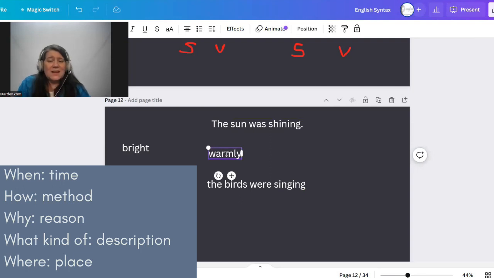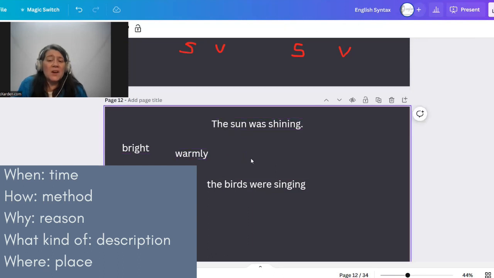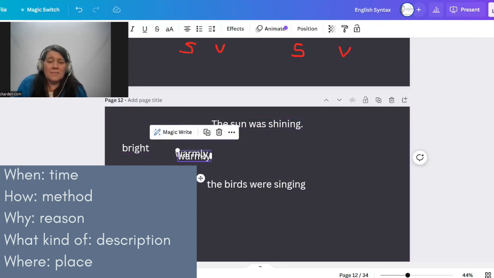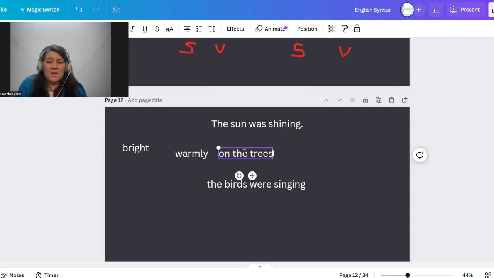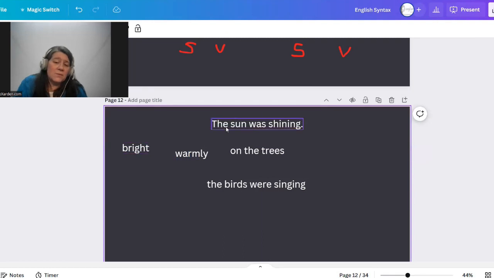The ly makes it an adverb. Where was it shining? On the trees, okay?